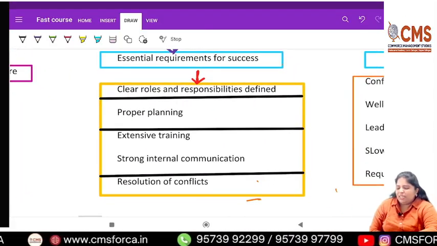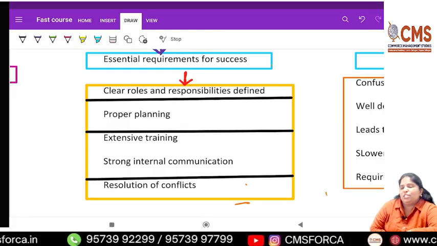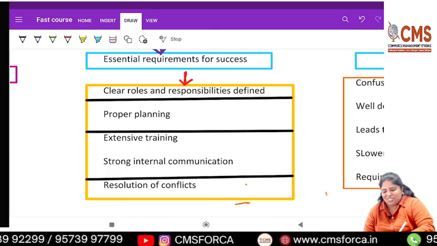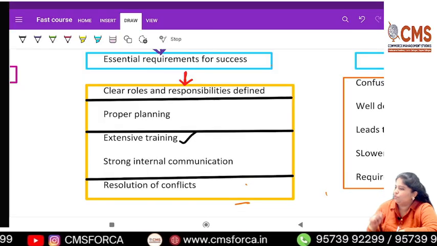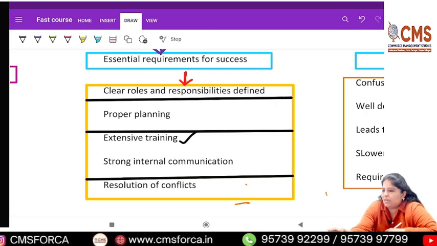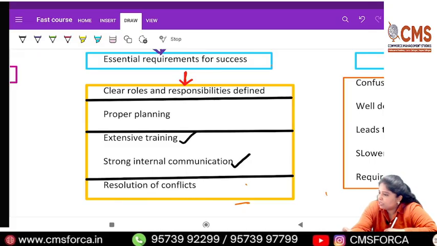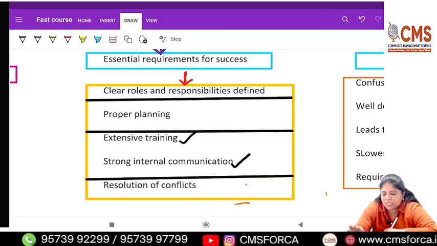As I explained, just check through the points. What are the essential requirements for the success of the matrix structure? First, extensive training to employees, without which they can't work in a matrix structure. And a strong communication network. Without a strong communication network, matrix structure can't succeed.